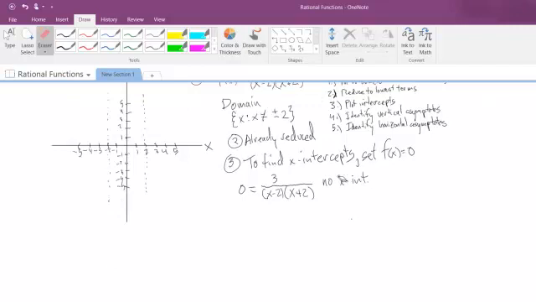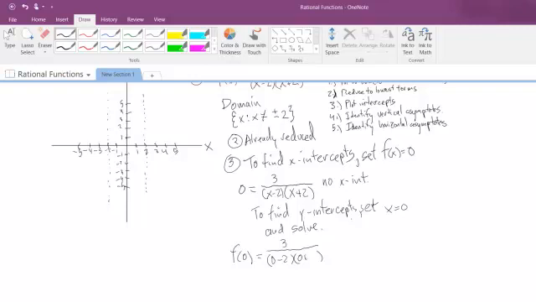There were no x-intercepts, so let's find the y-intercepts. To find the y-intercepts, set x equal to 0 and solve. Okay, what does that mean? Well, I'm setting x equal to 0, so f of 0 equals 3 over, what am I going to write here in these parentheses? Look at the parentheses up here. x is 0. I've got to put 0 minus 2, 0 plus 2.